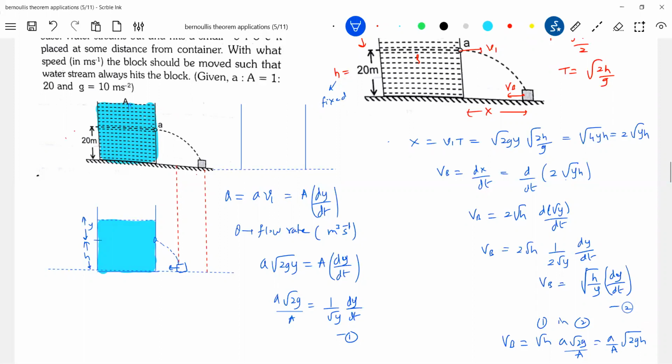So what you should do, you should move the block with a constant speed. So what is dy by dt? What you should call the rate of change of level of liquid in the vessel.